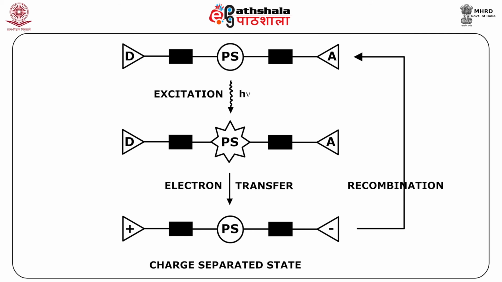Here in this figure you can see a 3-component entity containing a photosensitizer, that is PS, linked to an electron donor D and an electron acceptor A, possessing suitable redox properties in their ground and excited states, so that irradiation of PS, that is the photosensitizer, leads to electron transfer from D to A, that is donor to acceptor, yielding the charge separated triad D+ PS A-, that is the donor with the loss of electron, the photosensitizer, and the acceptor with the gaining of electron.